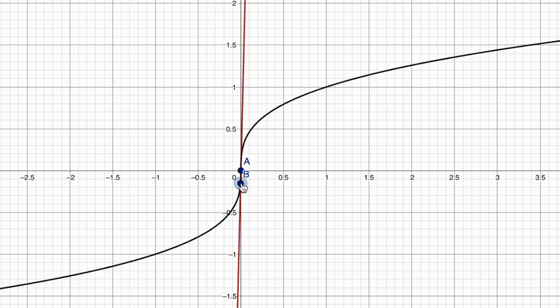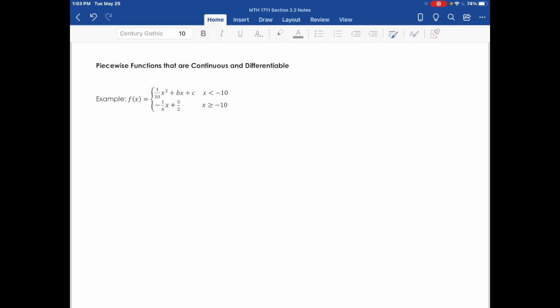And so if I were to try to graph the derivative of this function at x equals 0, the slope would be undefined. And that happens as I approach from either side. We have a tangent line that has an undefined slope. So when I go to graph the derivative of the cubed root of x, the graph is going to be undefined at x equals 0.